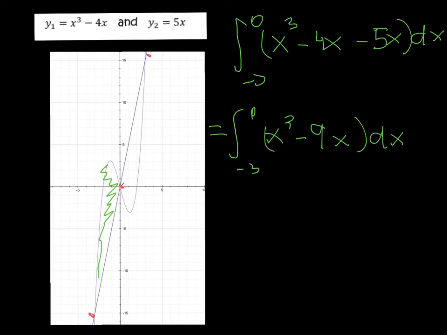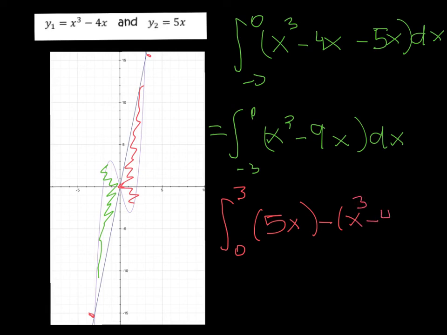What about the second area? Second area, which is this, will be the integral from 0 to 3 of now the upper function, which is 5x, minus the lower function, which is x cubed minus 4x, times dx.